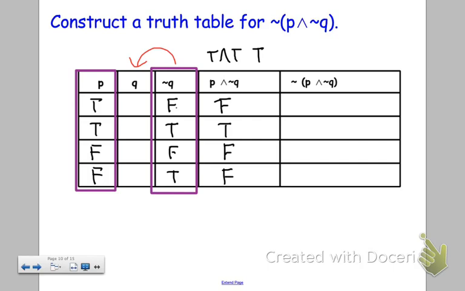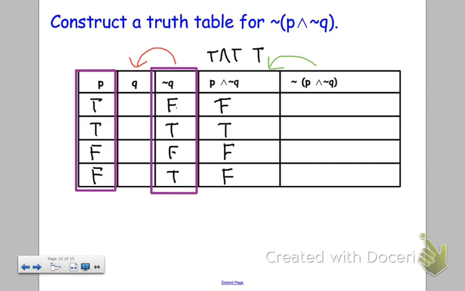Okay. Now the fifth column in my truth table needs to take that and negate it. So I need to negate the quantity P and not Q. Okay. So when I do that, I need to reference back to that column I just made, that P and not Q. And if I want to negate it, I'm just going to take the opposite of those truth values that are already there. Okay.